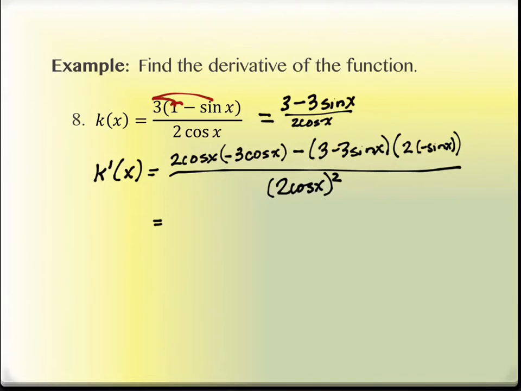All right, this one actually has a little bit of cleanup to do, and it's maybe a surprising cleanup that you might not have expected. So I want to make sure you see it. So the 2 times the negative 3 is negative 6. So negative 6 cosine of x. And then over here, as I distribute this through, there's several things going on, but notice that this negative is going to be distributed through, and so is this negative. So if you distribute both the negatives, it becomes a positive, so those are actually going to cancel out in terms of distribution values.